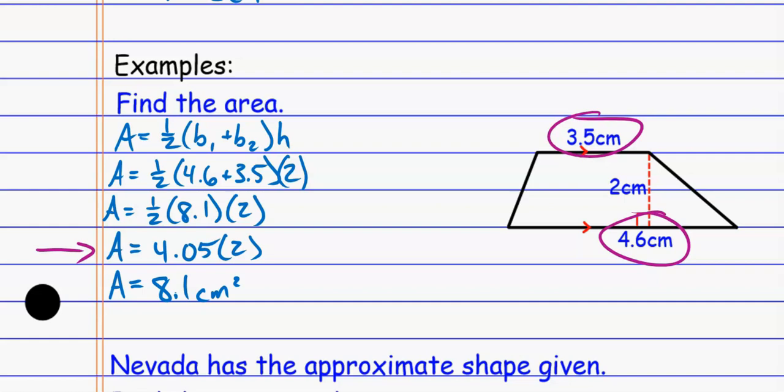So I add them together, divide by 2 on my calculator or in my head, and I get 4.05. And so really what this translates into is the mid-segment times the height. And I multiply those and it gives me the area, okay? That's why I like the second version of the formula just a little bit better. Some students prefer the first version of the formula, and here's why.